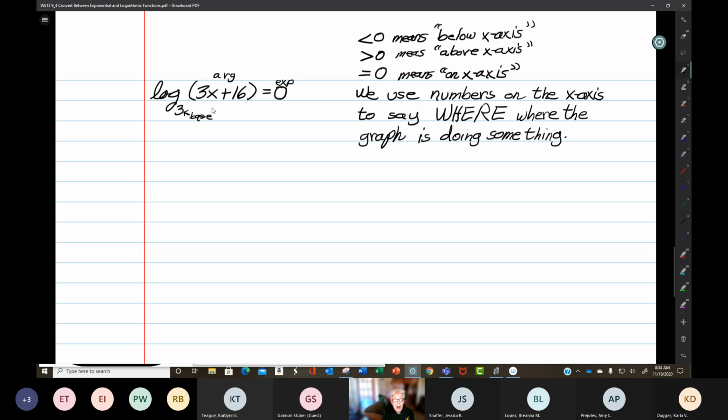All right, now I can get x out of this logarithm trap if I change this to the equivalent exponential function. In other words, base to the exponent equals the argument.